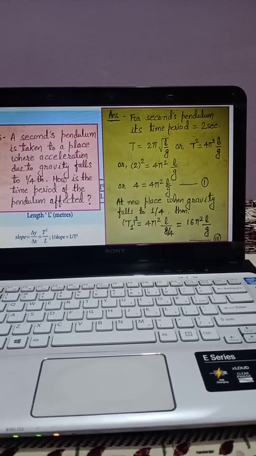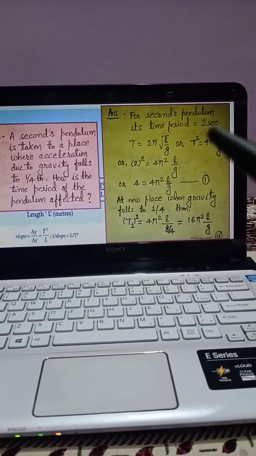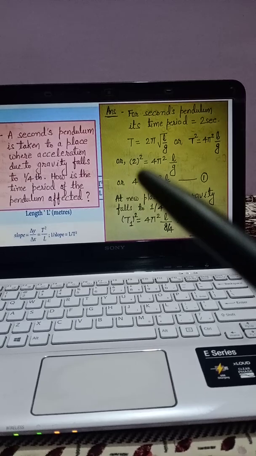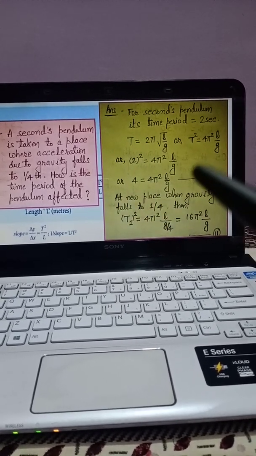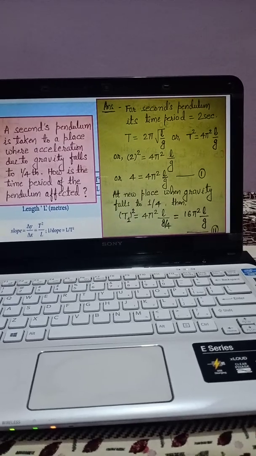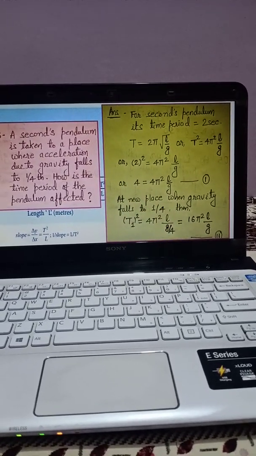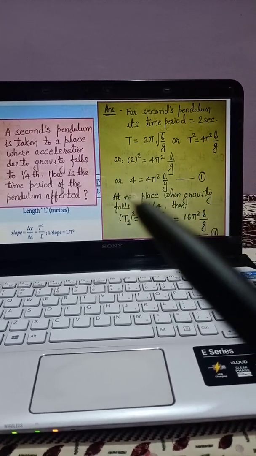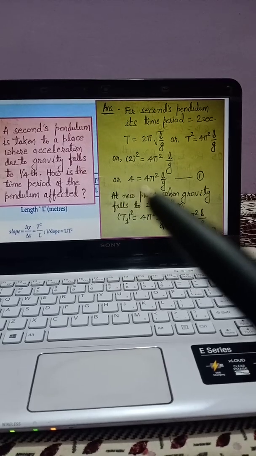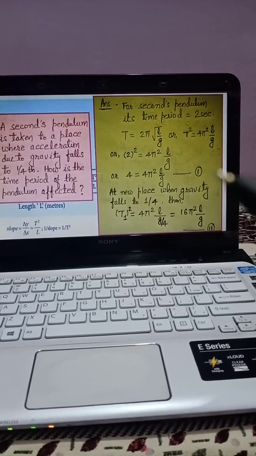Now we substitute the value of T, which is 2 seconds for the second pendulum. So it becomes 2 square is equal to 4 pi square L by g, and after squaring this 2, that is 4, equal to 4 pi square L by g. So this is the first equation.